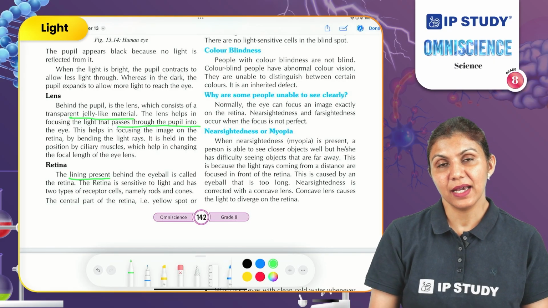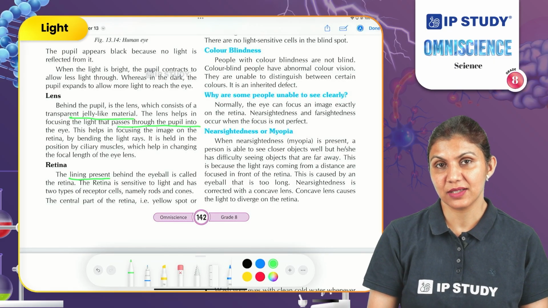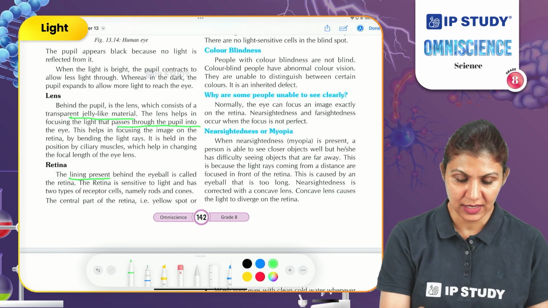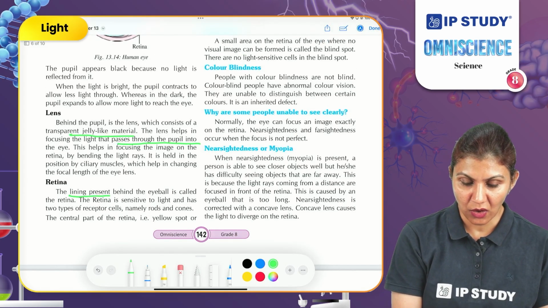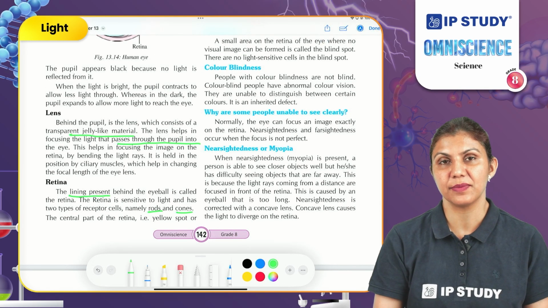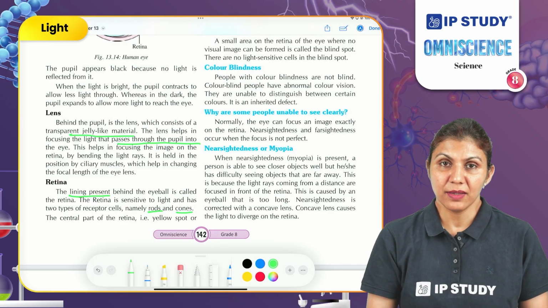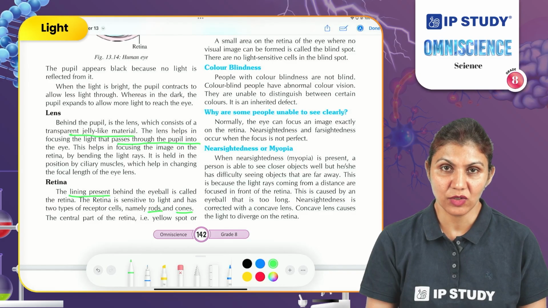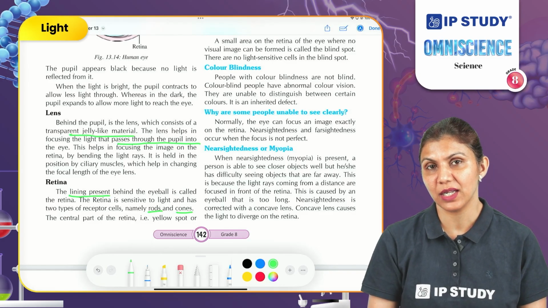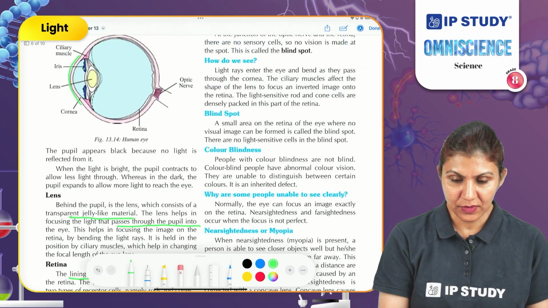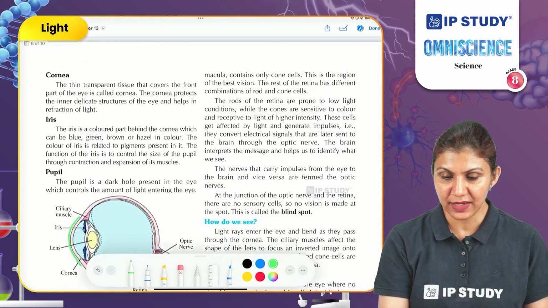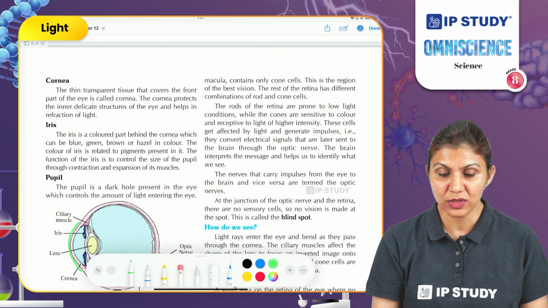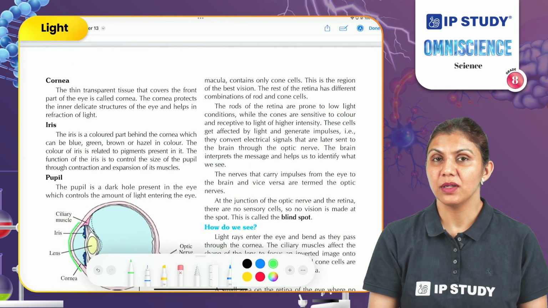The retina has sensory cells. There are two types of sensory cells: rod cells and cone cells. We call them sensory cells because they help us understand the colors of the objects and the intensity of the light. Rod cells are sensitive to light and cone cells are sensitive to colors.